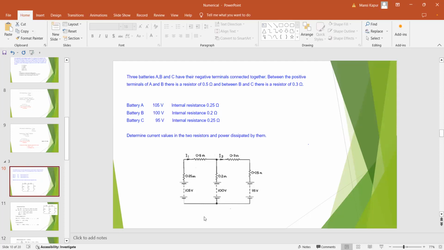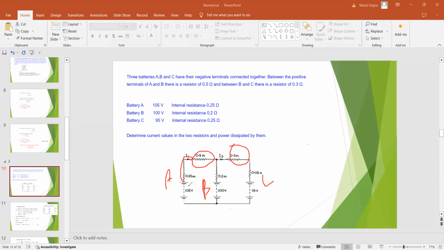Between the positive terminals of A and B there is a resistance of 0.5 ohm. Can you see 0.5 ohm between battery A and B? And between B and C, there is a resistance of 0.3 ohm.